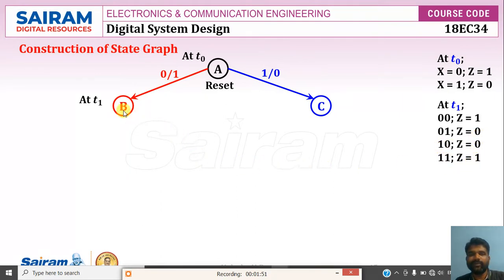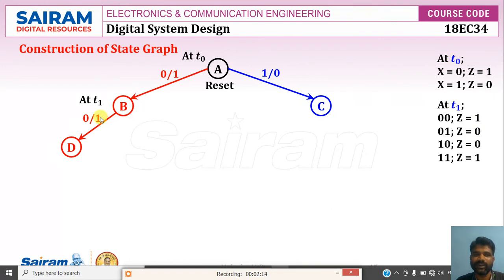Now let's see at B, if input is 0, let it go to the new state D. Now the received sequence is 0 0. Remember we receive LSB first, so we always read from MSB. So this is MSB, no? 0 0. If 0 0, output is 1.